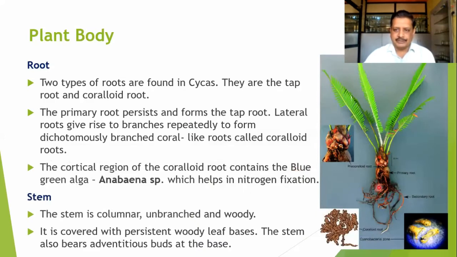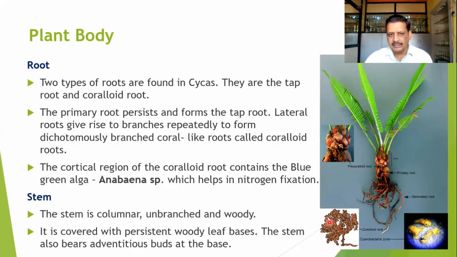This is the typical structure of the plant, where we can find the roots are basically of two types. They are the taproot system, and along with that there is the presence of coralloid roots. Of these two types, the primary root persists and forms the taproot system, and lateral roots branch repeatedly, dichotomously.